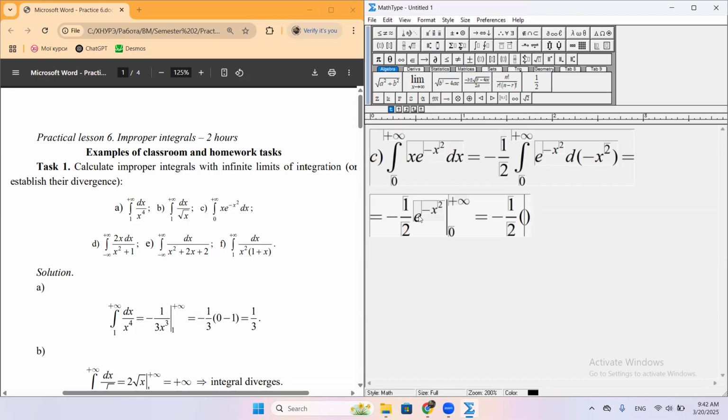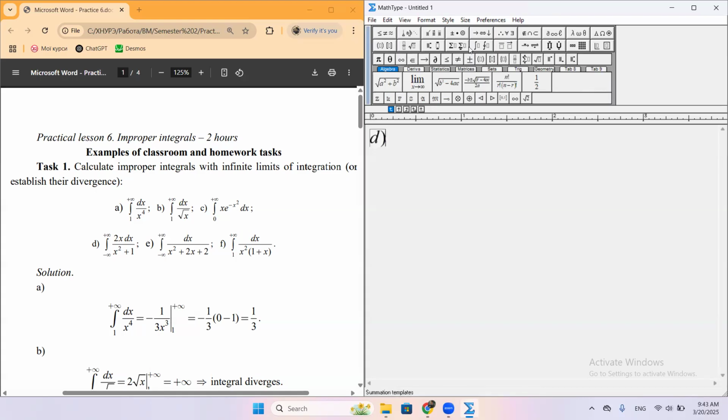If I substitute a plus infinity, I will receive e in power of minus infinity, and it actually approaches 0. Then if I substitute 0 here, I will receive 1. So 0 minus 1, and the final answer is 1 over 2. Any questions about this exercise? Okay, if no questions, let's move next.